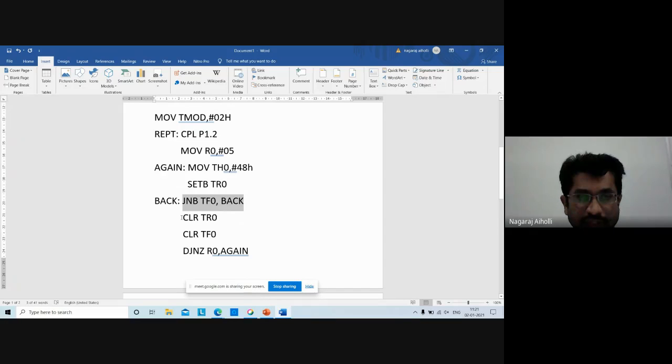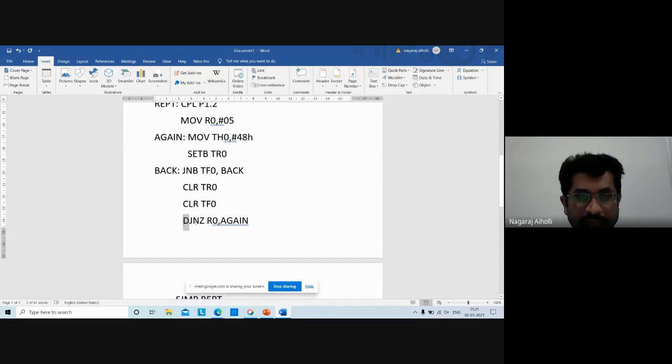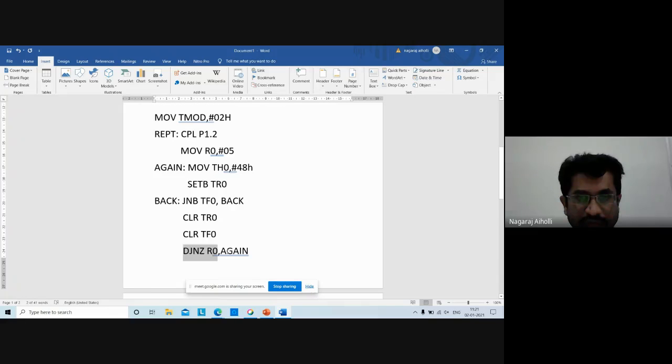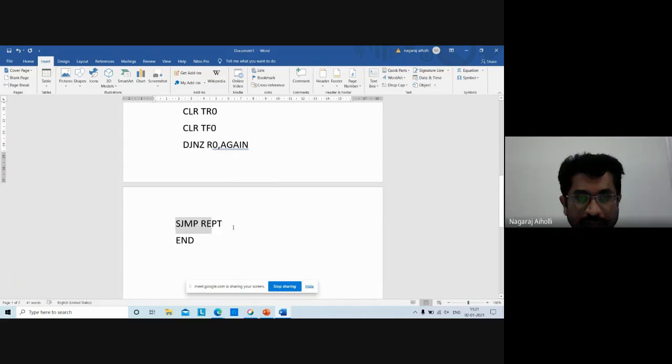Once there is an overflow condition, it will come out of the loop. Clear TR0, stop the timer, clear TF0, clear the overflow flag for the next round of operation. Decrement R0, that is 5 minus 1, 4. If it is not 0, it will jump to again load the starting value in TH0 and repeat. Suppose if it is 0, it will come out of the loop, then SJMP repeat.